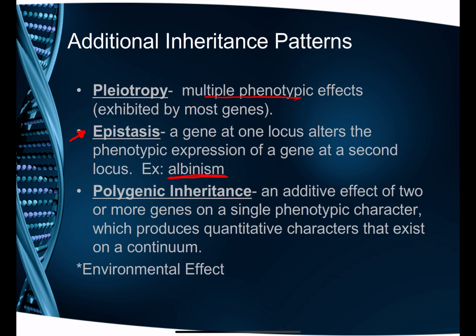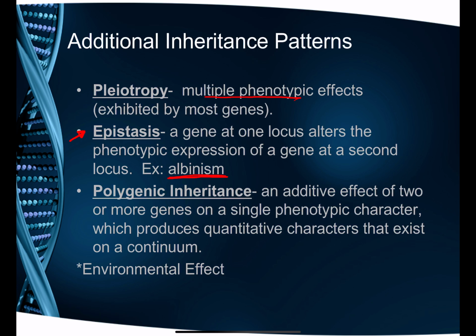You just have albinism, and so it trumps that, okay? It's basically the trump card. It alters the second locus. If you're albino, it doesn't matter if your hair was supposed to be black, red, white, or purple. You're going to be albino, and it's not going to matter because that covers it up, okay?